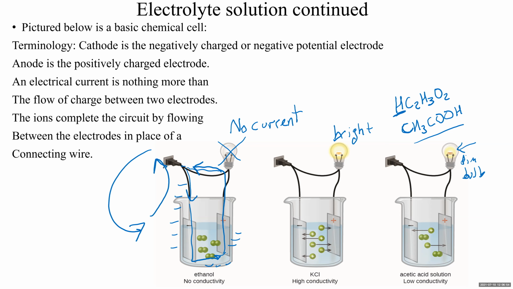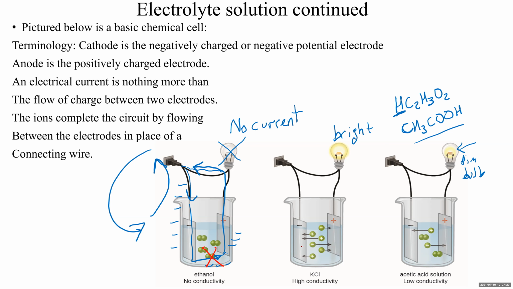A circuit just means you go completely around, and that's how electricity flows. If there is a break anywhere in the circuit, electricity stops flowing everywhere, no matter how far away that break is. And so in this case, the break occurs in the solution. The solution, because it's not an electrolyte solution, does not act as a conduit for charge. So the circuit gets broken right there. Here, though, the solution acts as a continuation of the circuit. In other words, an electrolyte is very much like a wire.